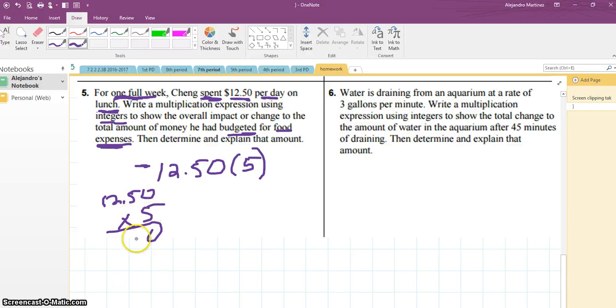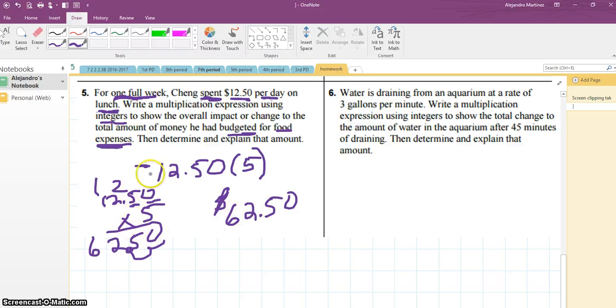5 times 0, 5 times 5 is 25. 5 times 2 is 10, plus 2 is 12. 5 times 1 is 5, and then plus 1 is 6. And then move the decimal 2 places. So for the 5-day period, Chang is going to spend $62.50. But because it's a negative times a positive, that's the answer.